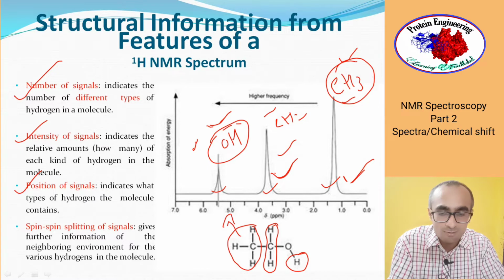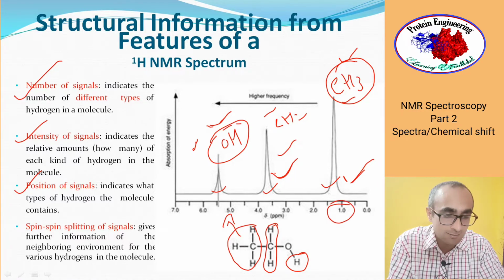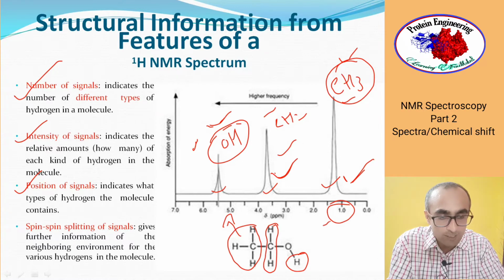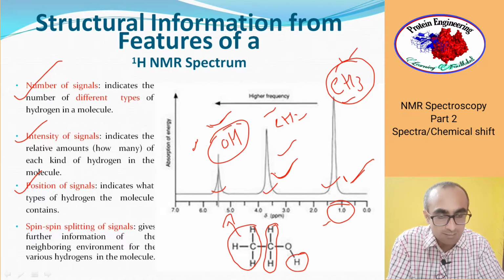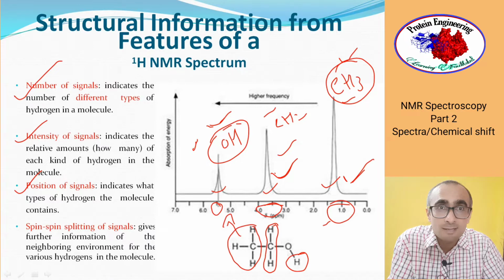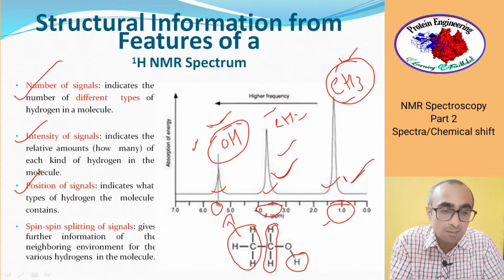So you have 3 signals which are positioned at different frequencies, different energy, represented in ppm, which we'll discuss after this slide. For example, the methyl group is at around 1 ppm, the CH2 group protons are between 3 to 4 ppm, and the hydroxyl group proton is at 5 to 6 ppm. So it represents the unique environment where the proton is located. That's basically the energy absorbed by that nucleus in order to resonate.